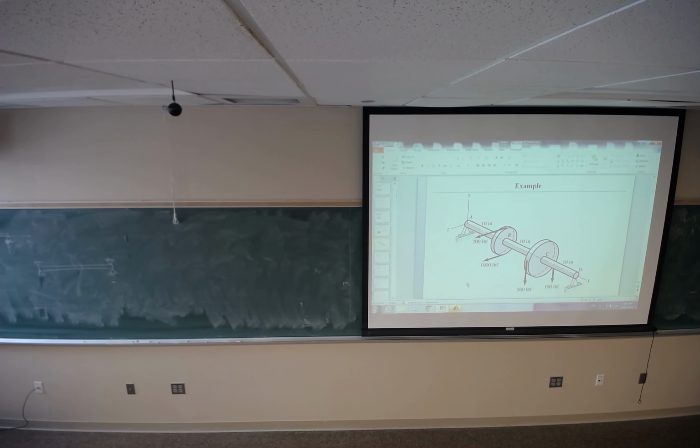Before we go further on this problem, let's talk about Newton's second law. Newton's second law says force equals mass times acceleration. It's for translational motion.